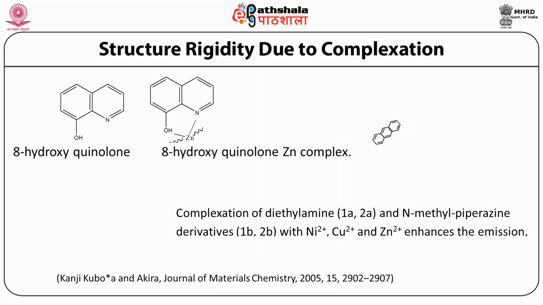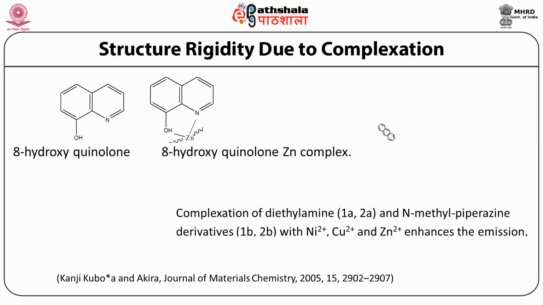The rigidity of compounds also happens due to complexation with some metals. For example, in the case of 8-hydroxyquinoline, if its complex is made with zinc, the fluorescence is increased. Another example is complexation of diethylamine and N-methylpiperazine derivatives with nickel, copper, and zinc.